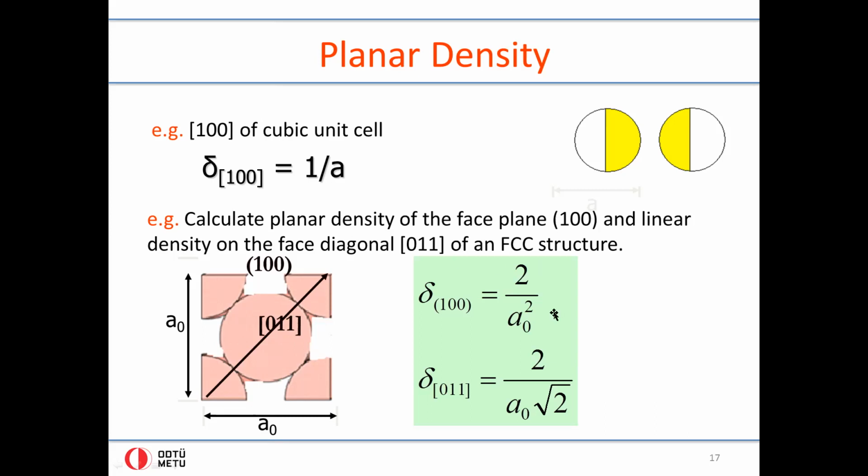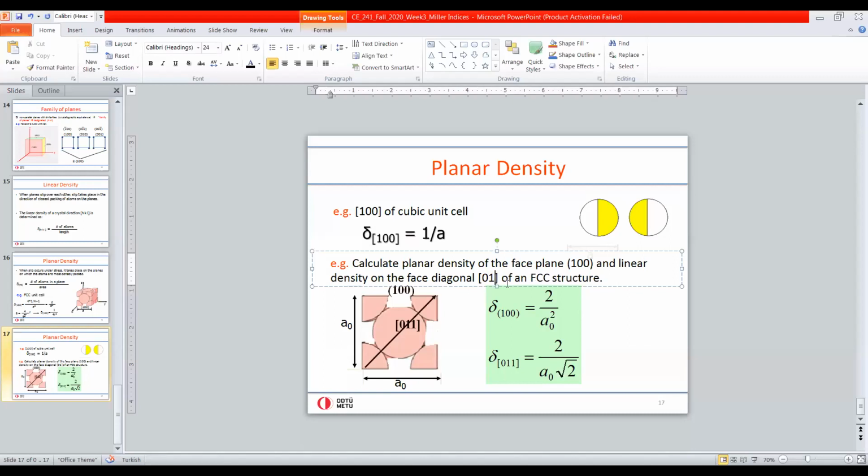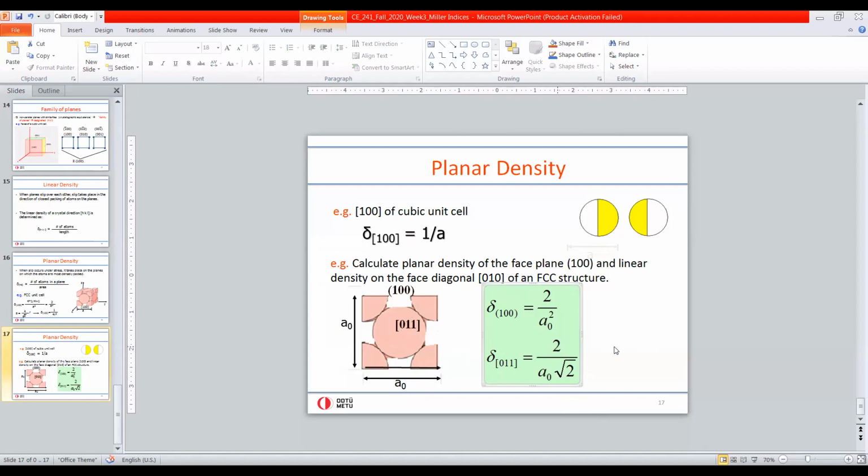So if you were to change this to 0, 1, 0, so this would mean, instead of this direction here, it would mean the direction here. And this direction would have a value, well, I can't write over this because it's an image, but it would mean that this has a value of 1.